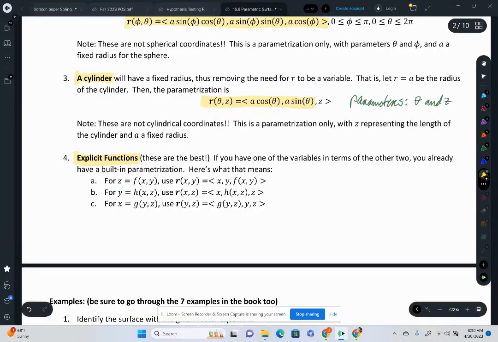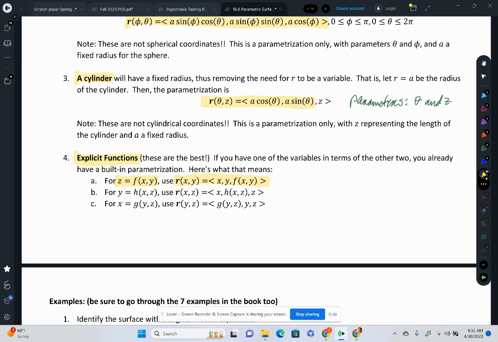So for example, if we have z is equal to a function of x and y, that means z is on the left and only x and y are on the right. That's an explicit function. And if we have that situation, then x and y just get to be themselves, and z will be the function of x and y. So the parametrization would be r of x, y equals the vector with components x, y, and f of x, y. There's no work involved right there because we're given the explicit function. We just need to know where to put it in the components.